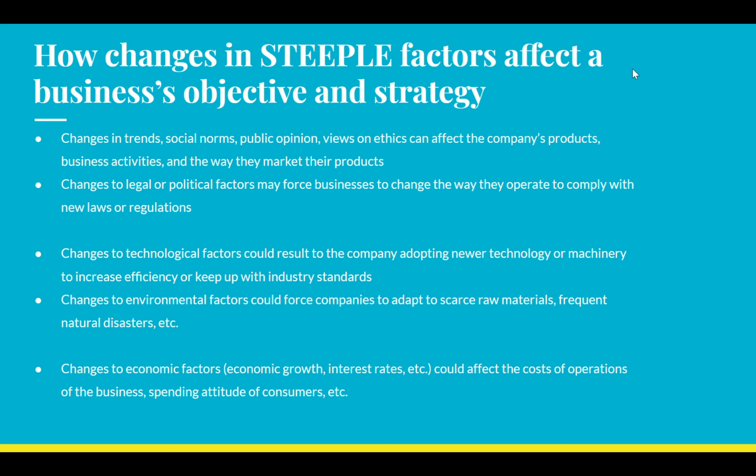So the changes to economic factors as well as economic growth, interest rates, etc., they could affect the costs of the operation of the business and the spending attitude of consumers.